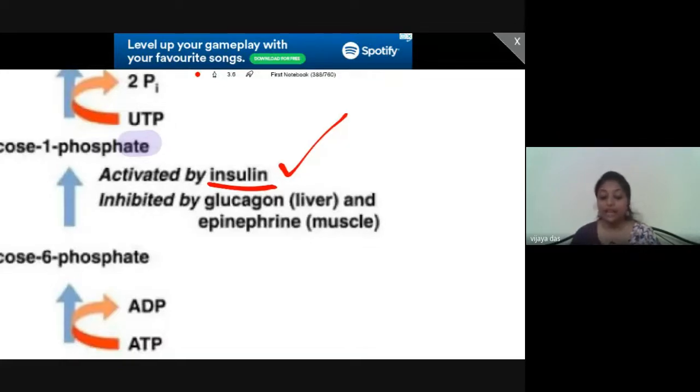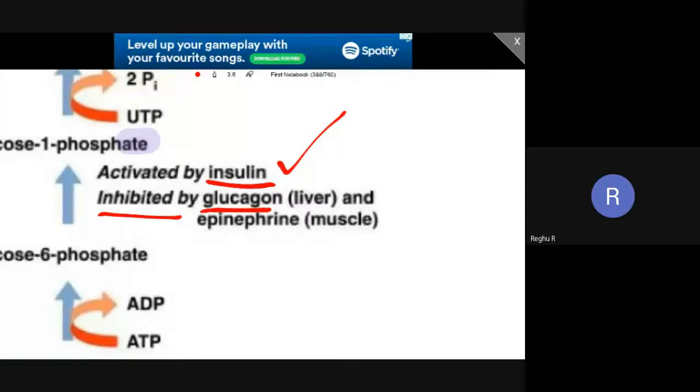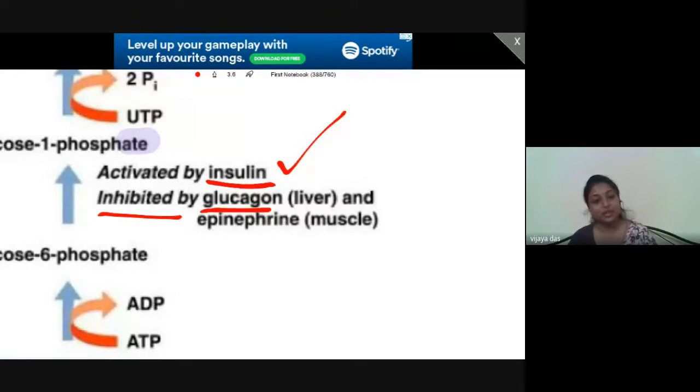Simultaneously, there is another hormone which will do the reverse. That is glucagon. What is the function of glucagon? To increase the glucose in blood. How to increase the blood glucose? By breaking glycogen. If you break glycogen, only then will your blood glucose levels be high.